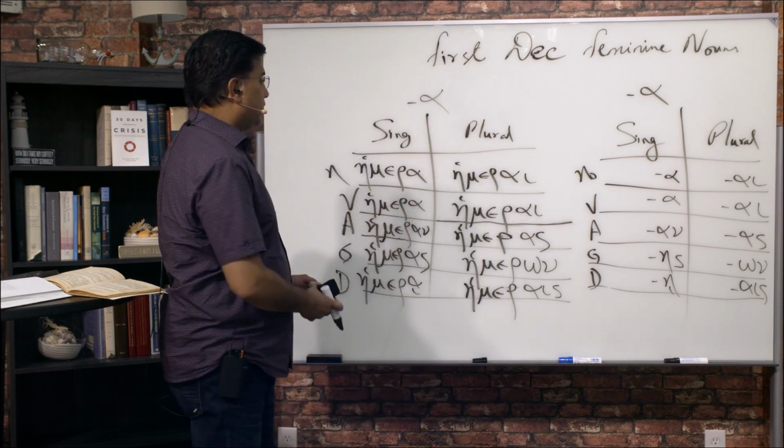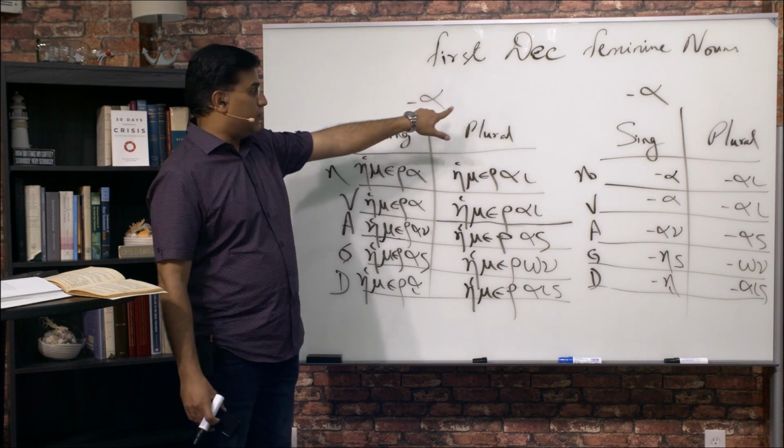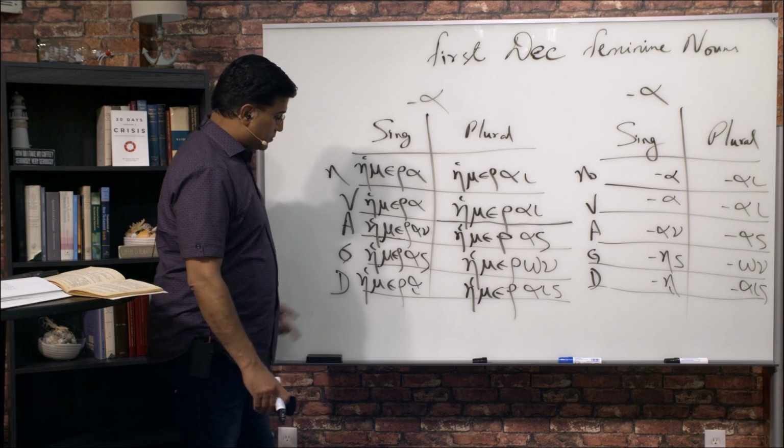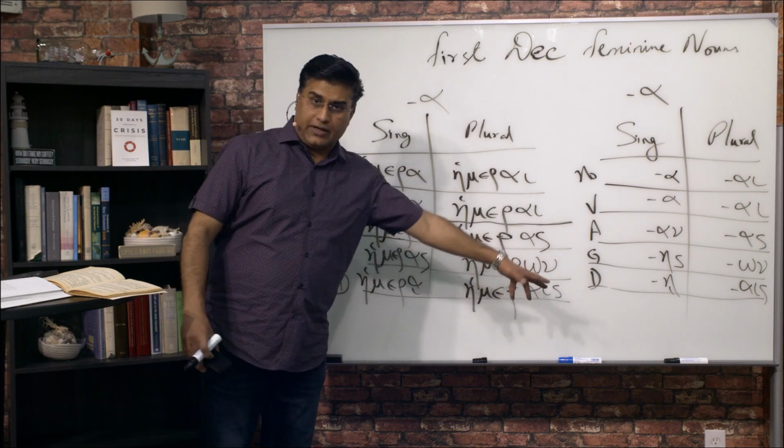So that's where you have the paradigm for first declension feminine with the a ending, day, days, or of the day, of the days, to or for the day, to or for the days.